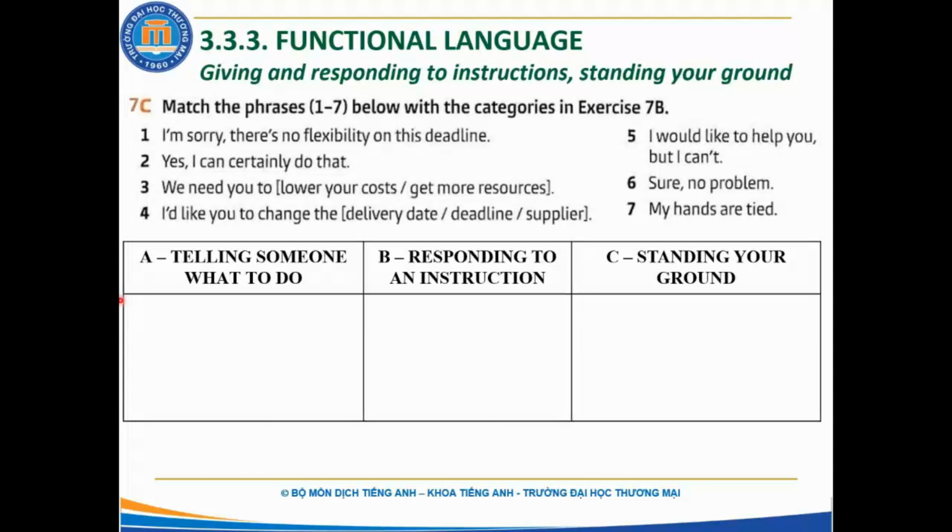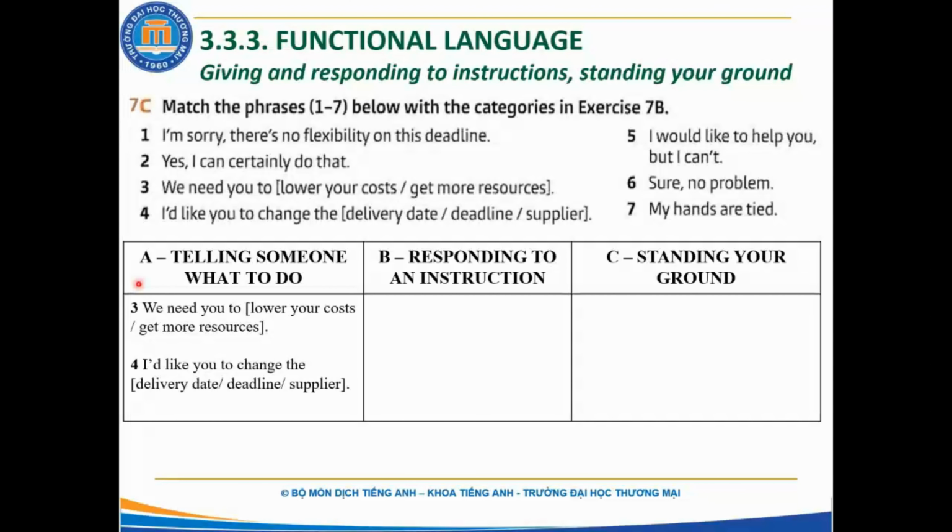Now let's check the answer together. So for A, which sentences we can use to tell someone what to do? So we can say, we need you to lower your cost or get more resources, right? And number 4, I'd like you to change the delivery date, deadline, or supplier.